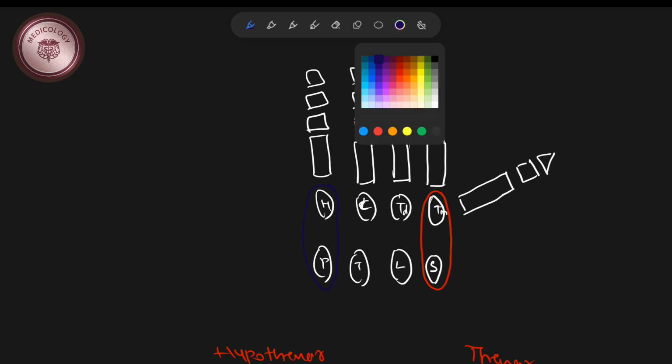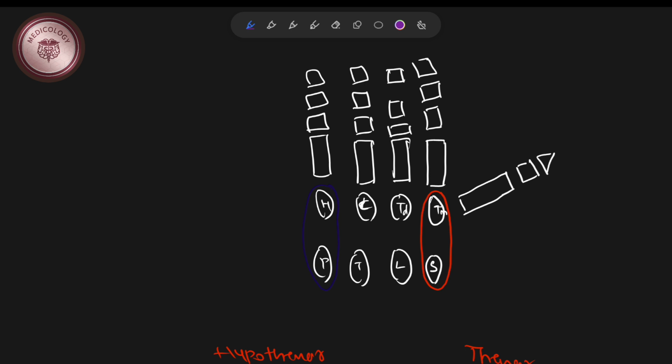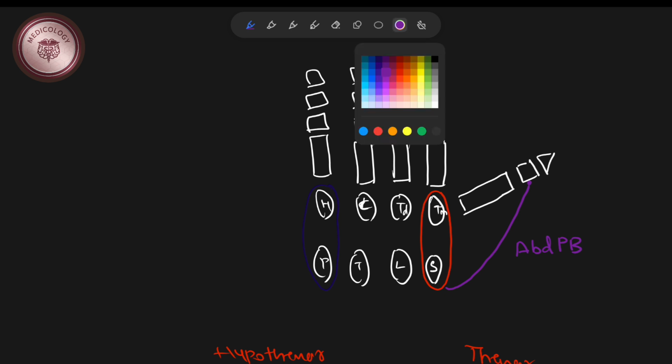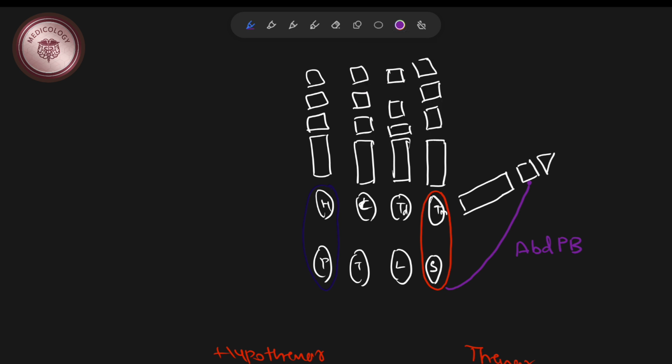First of all, how long can it extend at maximum? Till the first phalanx. So the abductor will start and go at most till the first phalanx. Abductor pollicis brevis. Okay, then the second muscle will be flexor pollicis brevis.